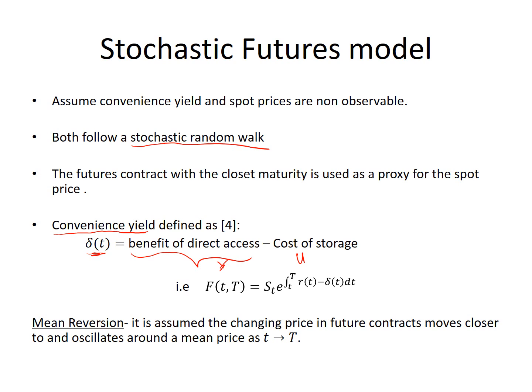We can probably get a better picture from just looking at the convenience yield defined this way. Okay, so this is our new model. This is what it looks like. Now, we're also going to assume that R is deterministic.